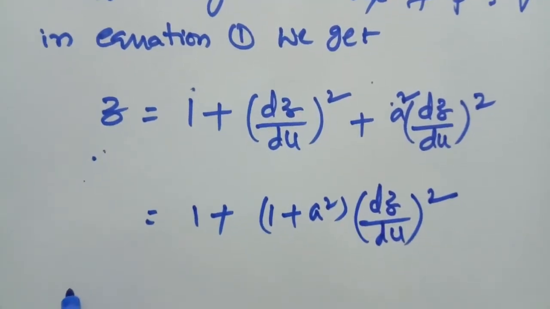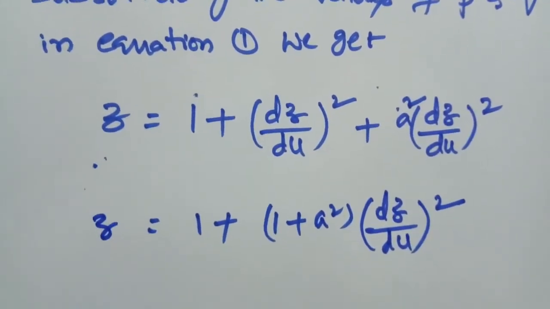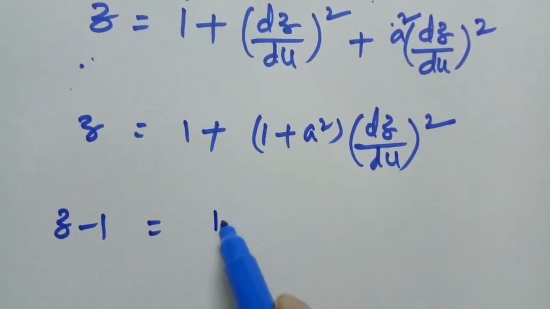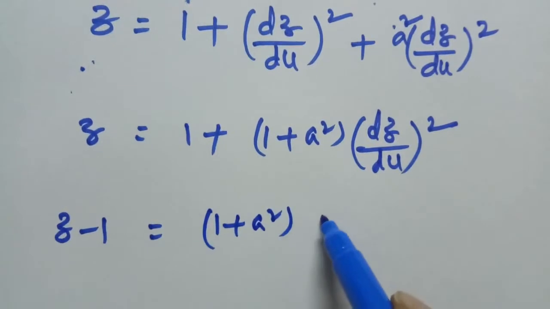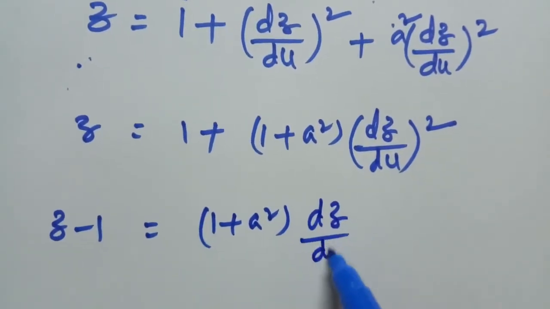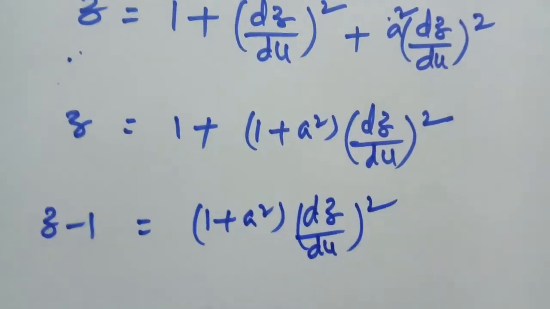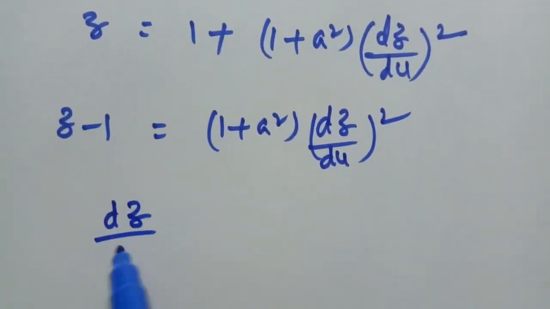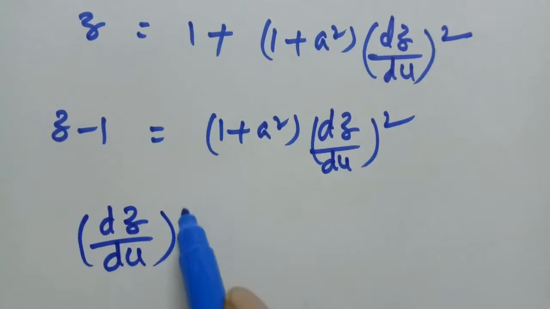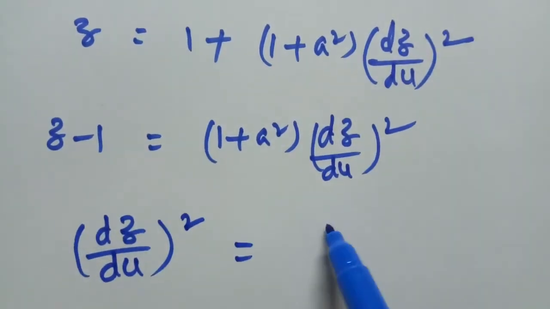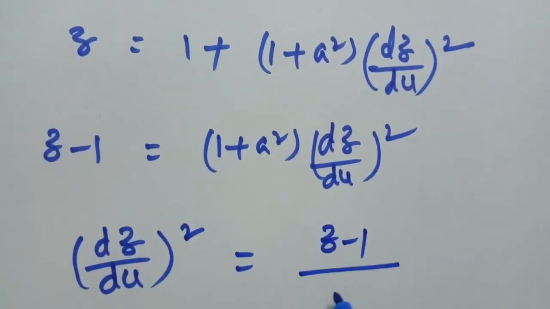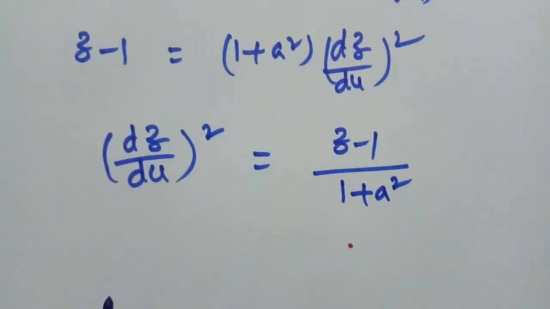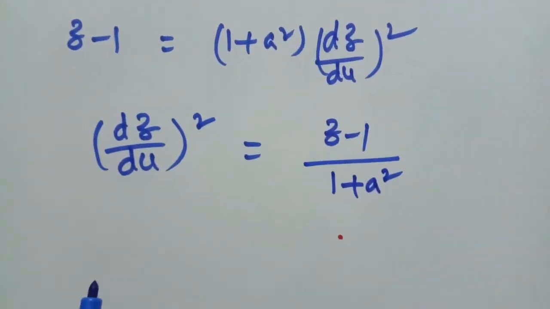Therefore, this can be written as z square minus 1 is equal to 1 plus a square into dz by du whole square. Therefore, dz by du whole square is equal to z square minus 1 by 1 plus a square.